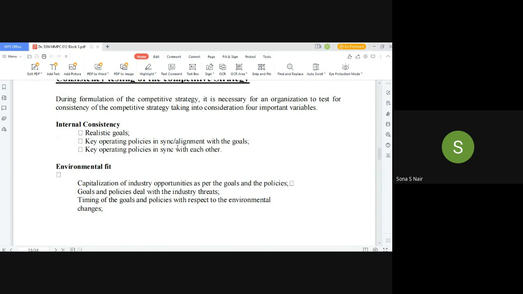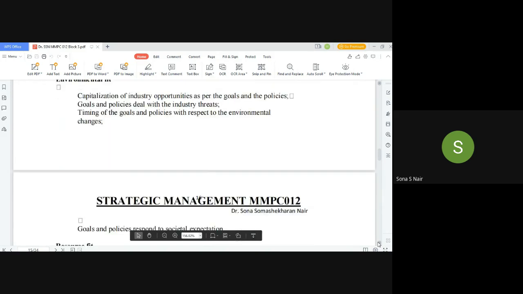So internal consistency needs to be achieved. Environmental fit also needs to be achieved, where we can talk of the industry threats, environmental opportunities, and other environmental aspects, whether it is regulatory or otherwise. That also needs to be studied.